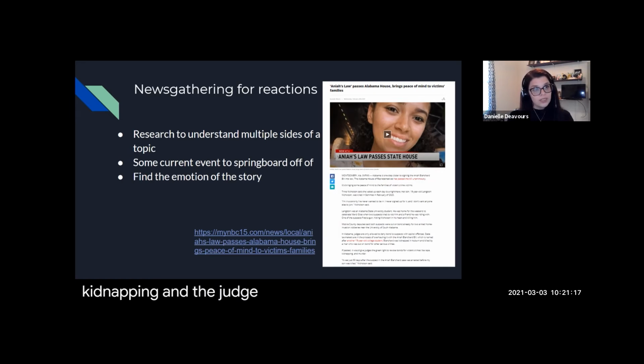And the judge wanted to keep the suspect in jail for longer, but because of the law, could not do that. And so, in the wake of this incident, Alabama legislators passed this law that will now give judges more leniency in knowing who to parole and not.